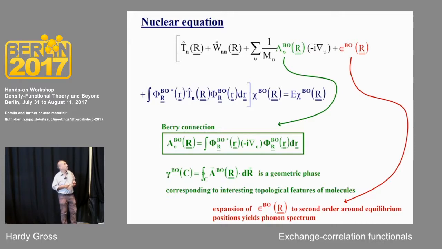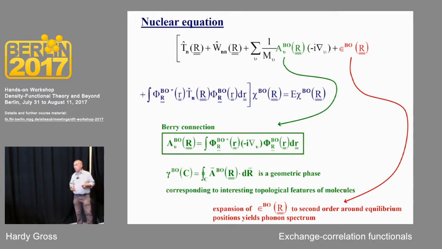So this is a very interesting object. Whole books have been written about this. They correspond to topological features of molecules, these Berry phases. But this guy is also important if, and many of you will actually have solved this equation, you expand this potential, the scalar potential, and this one to second order around the nuclear equilibrium positions, right?